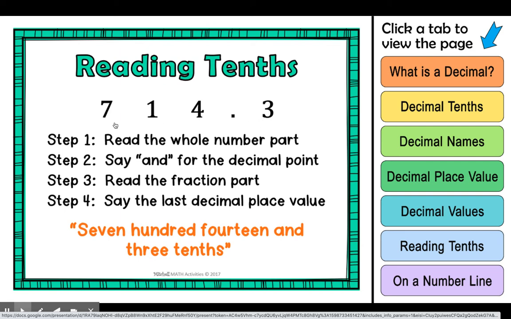So we're going to read the whole number part, say and when we come to our decimal point, read the digit in our decimal place value position, which in this case is a 3, and it's in the tenths place. So the last thing we say is the last decimal place value: 714 and 3/10.